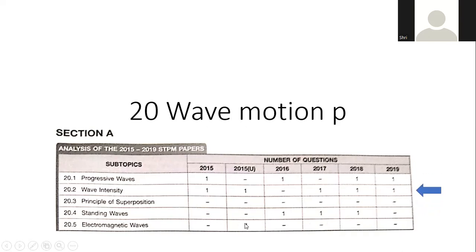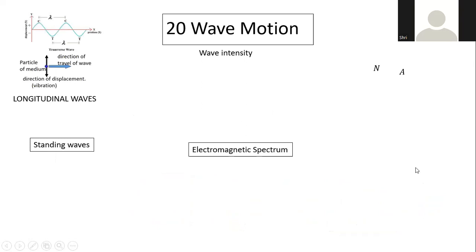Electromagnetic wave is very rare, but it does come out. Let's carry on. You need to know how to represent a displacement distance graph, what the wavelength is, what a transverse wave is, what a longitudinal wave is and how to draw it. And the essential one: v equals f lambda.